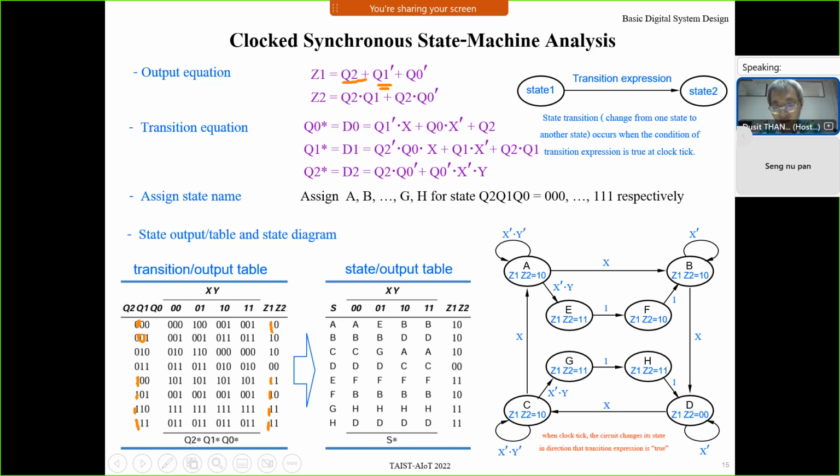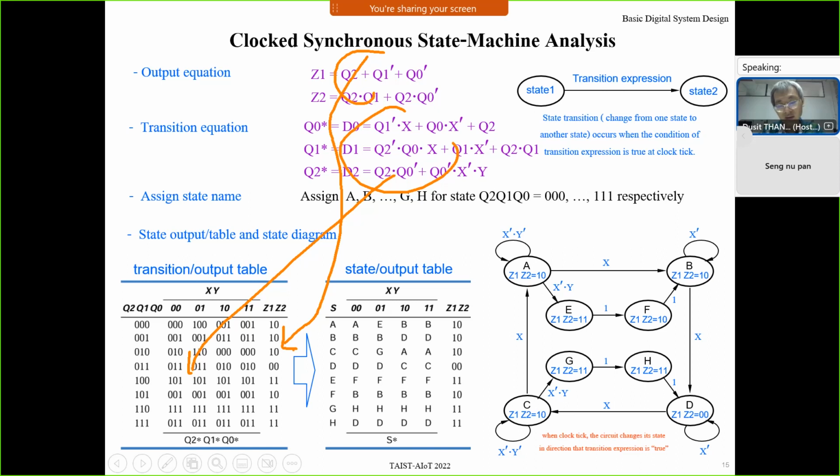So it's 1, 1 here. Or Q0 is 0, here, here, here, here. So then it becomes 1 here also. Something like that.